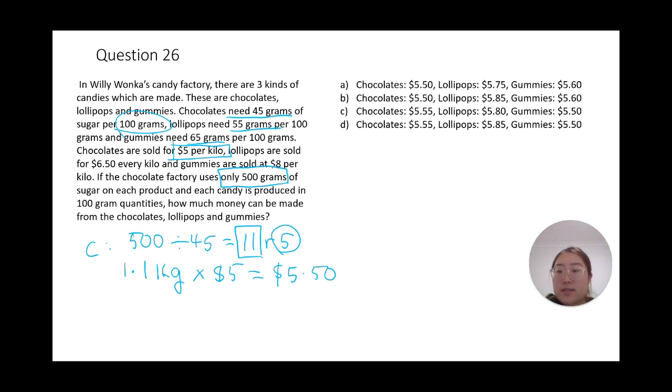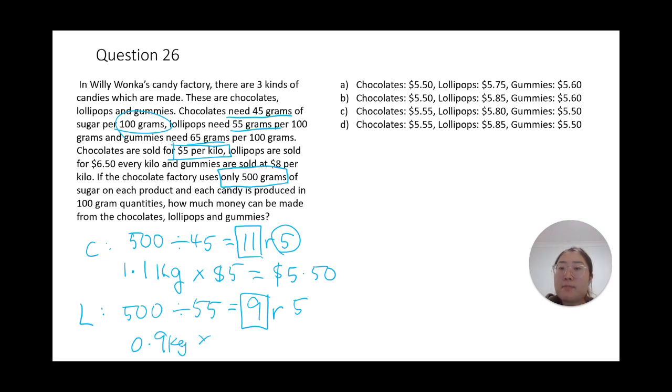Now let's try lollies. For lollies, it was 500 grams divided by 55 grams, and you get 9 remainder 5. Remember, we can't use the remainder, so I'm going to use the 9. Okay, what does 9 mean? 9 times of 100, 900 grams, or 0.9 kilograms.